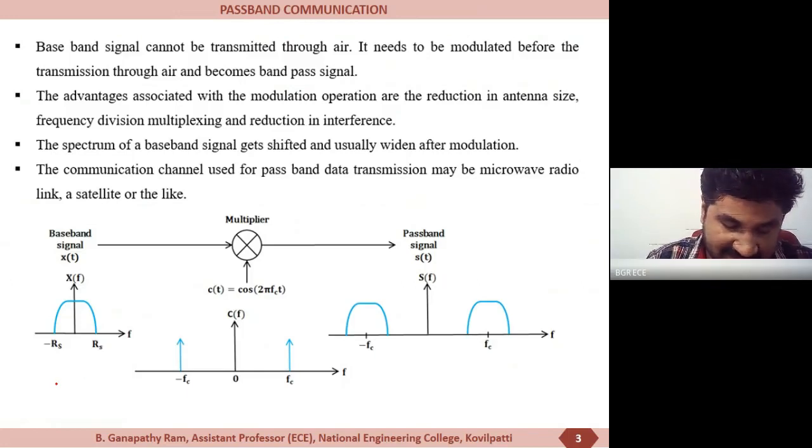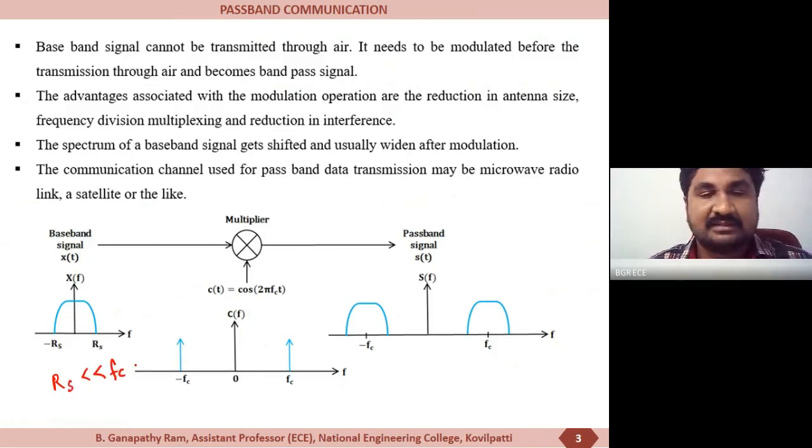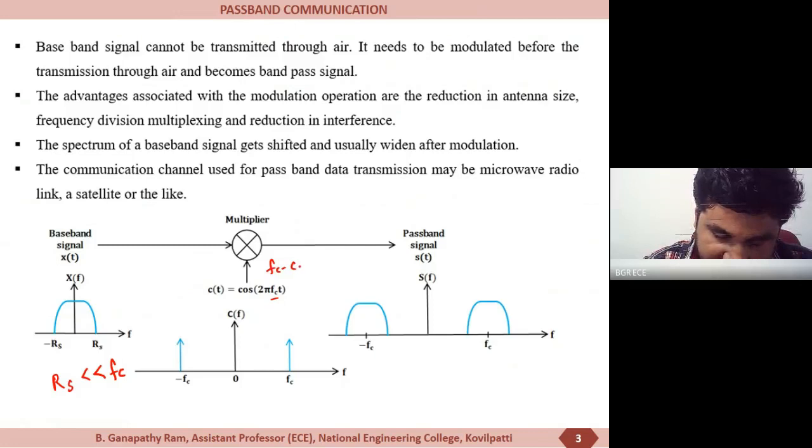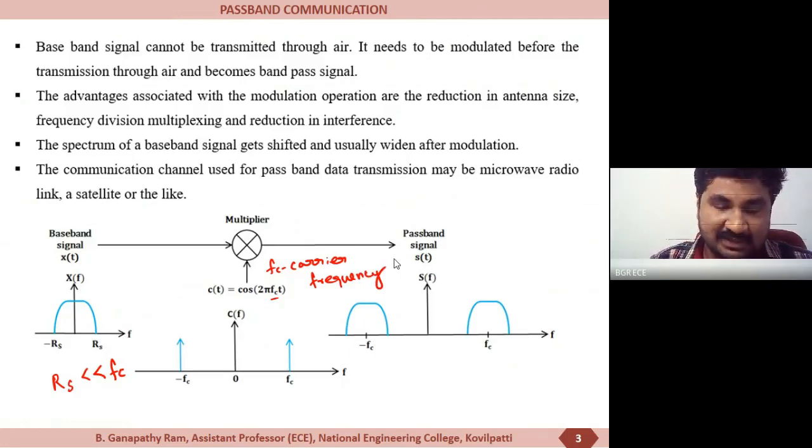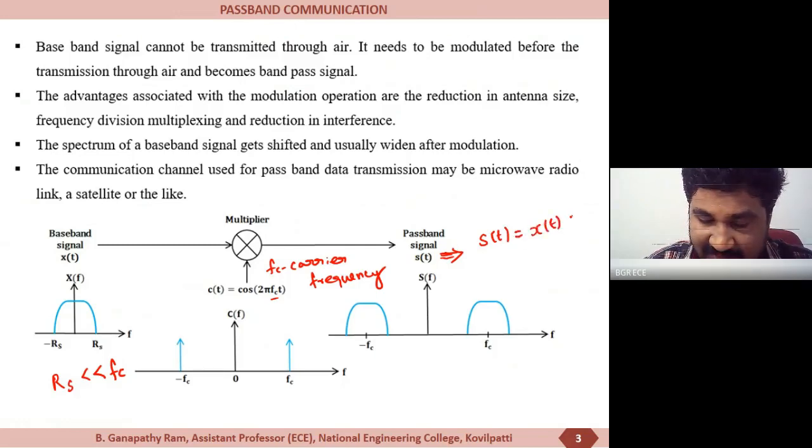And here we can say that Rs is very much less than Fc, and Fc is the carrier frequency. In time domain, as a multiplier is involved in this process, the passband signal s of t can be represented as x of t multiplied by c of t.